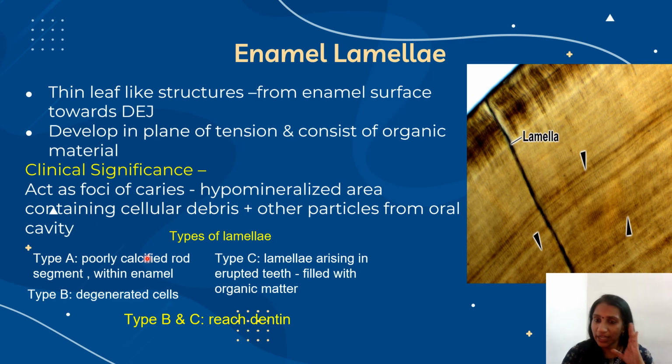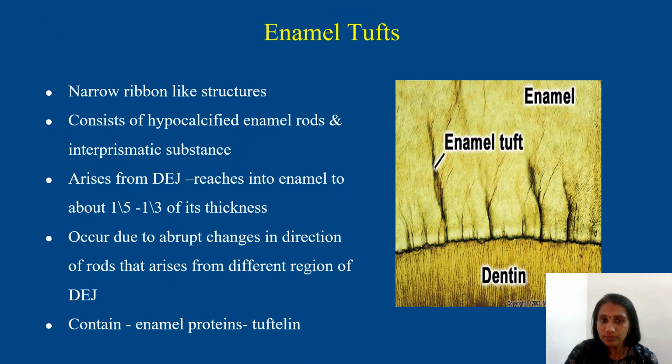So A is only found within the enamel, while B and C cross the dentino-enamel junction into the dentin. So that is the enamel lamella.